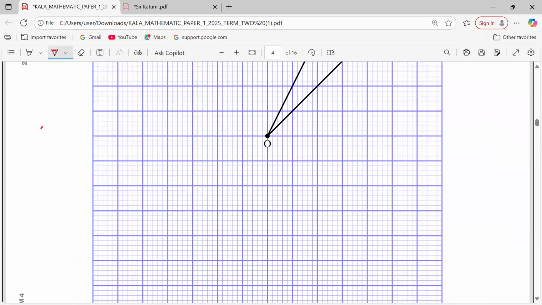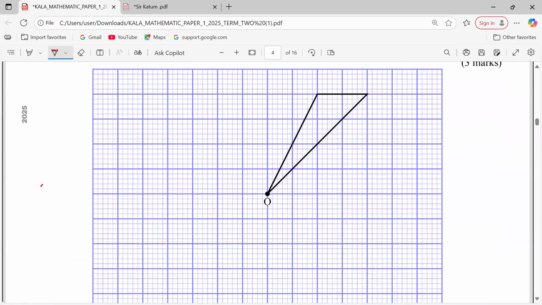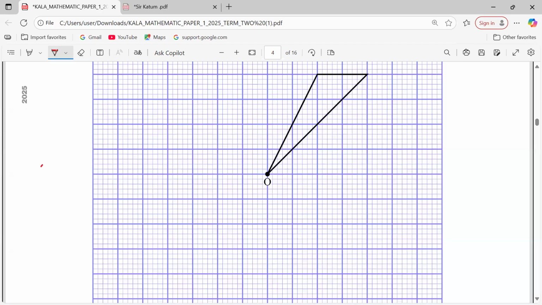Remember, we have 360 in total. Therefore, we are supposed to draw this shape on the other side. Let me show you.